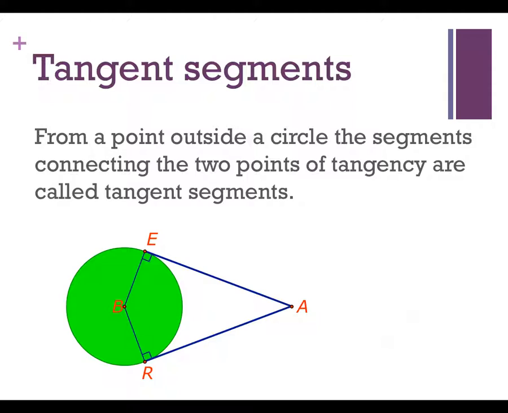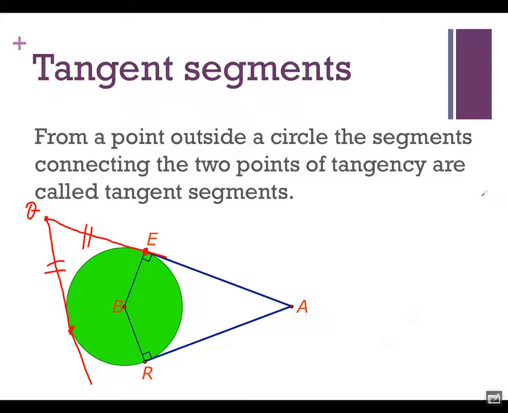So if I put a point outside a circle, and we call this Q, and I draw the tangents to the circle, to the points of tangency, then these are called tangent segments, and not only are they tangent segments, but they're equal to each other. So you get kind of an ice cream cone looking thing on its side.